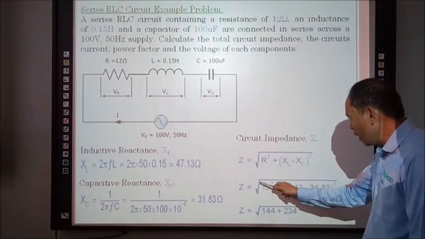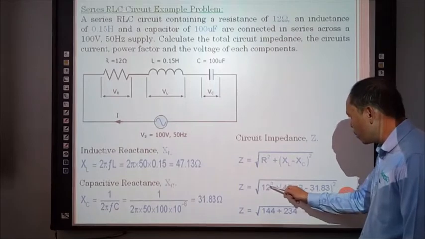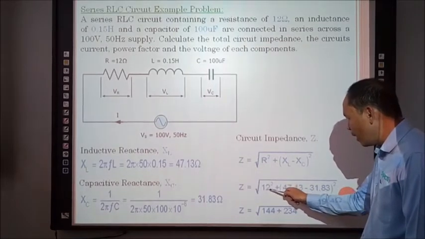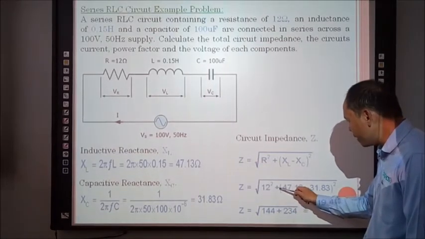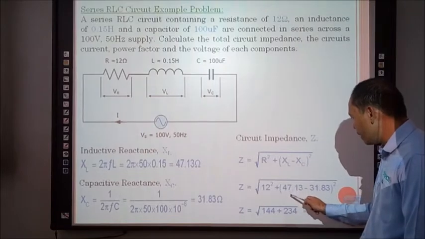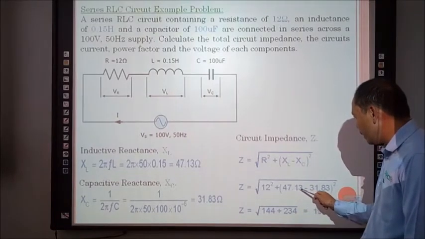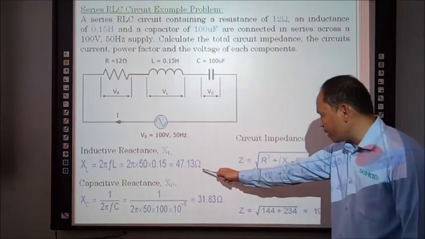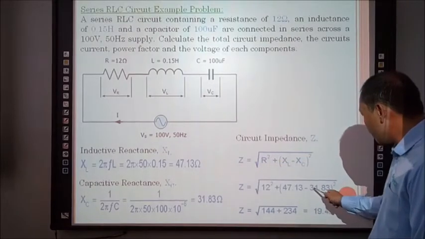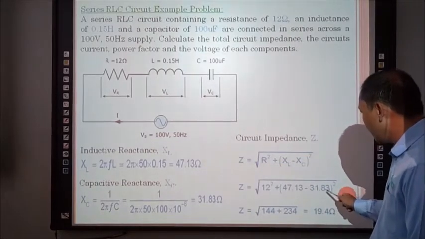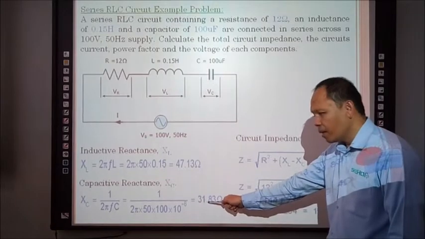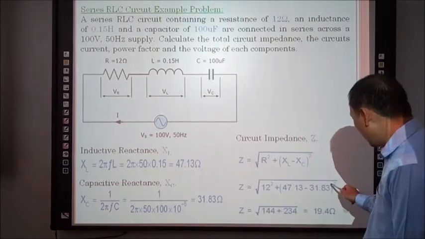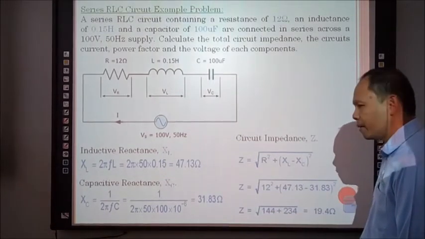So the square root of 12 squared, this is the value of R, plus open parenthesis 47.13, which is your XL, minus 31.83, which is your XC, then close parenthesis squared.